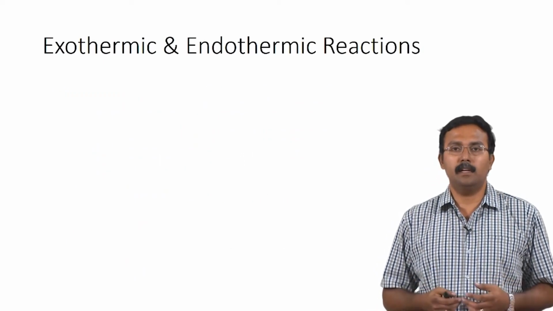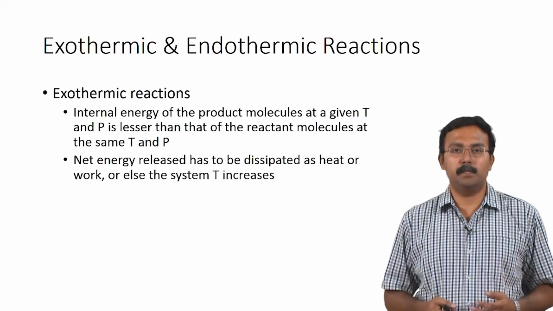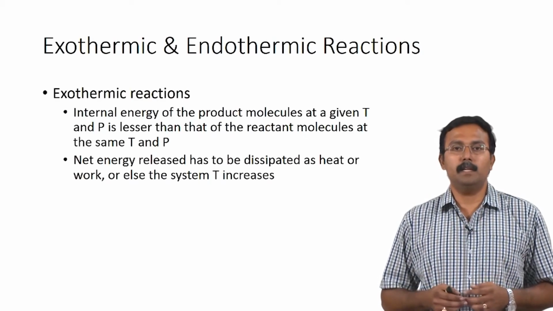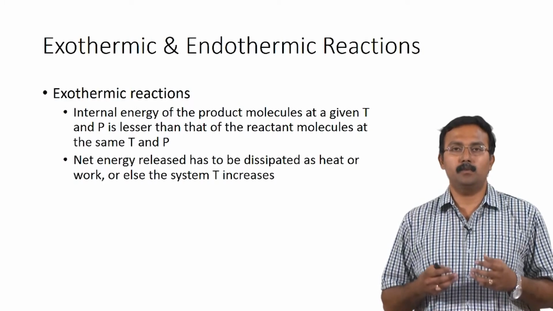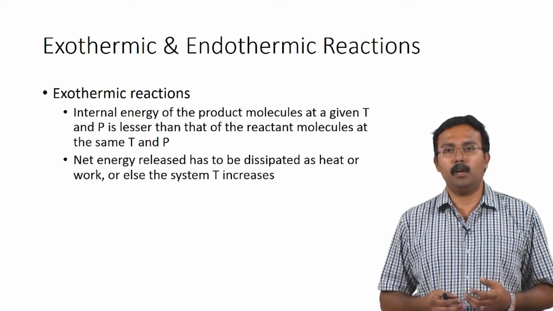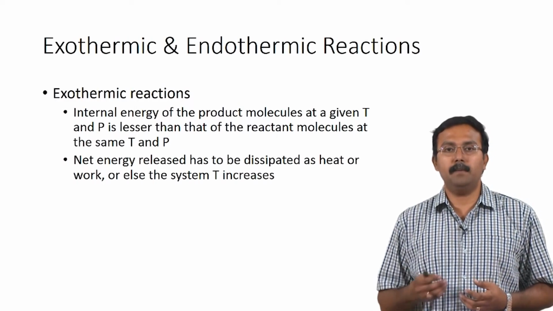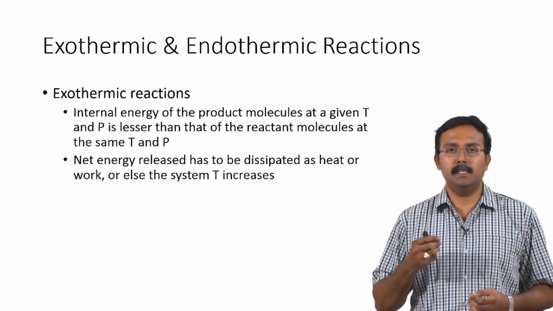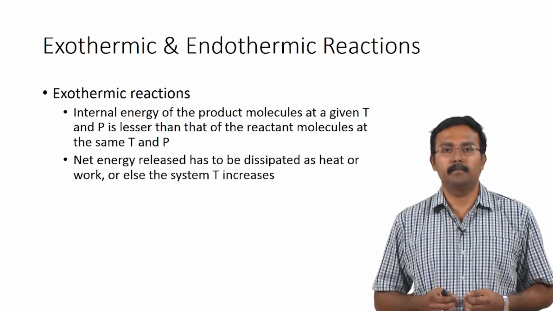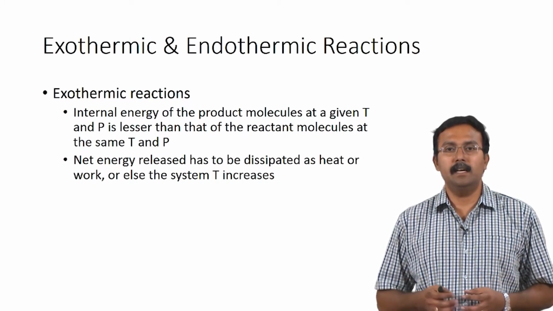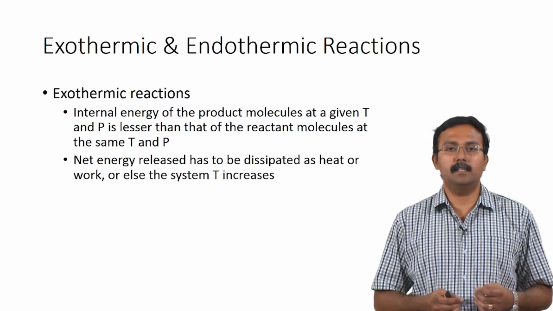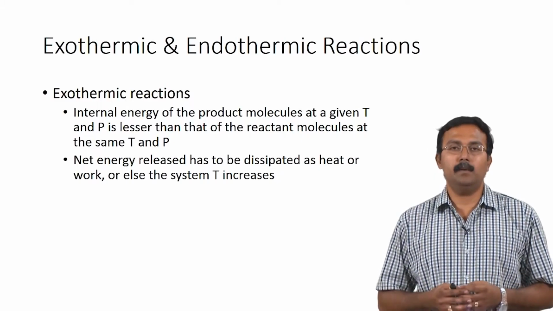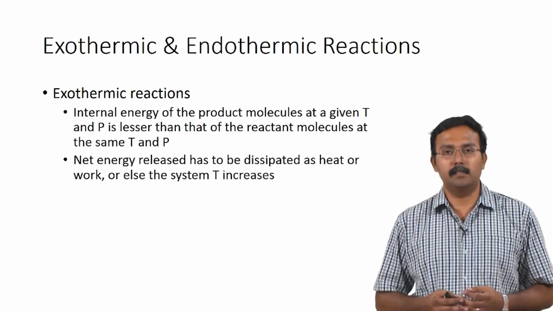What are exothermic and endothermic reactions from an energy balance perspective? Exothermic reactions are basically the reactions when internal energy of the product molecules at a given temperature and pressure is less than that of the reactant molecules at the same temperature and pressure. Net energy released has to be dissipated as heat or work, otherwise the system temperature will increase.